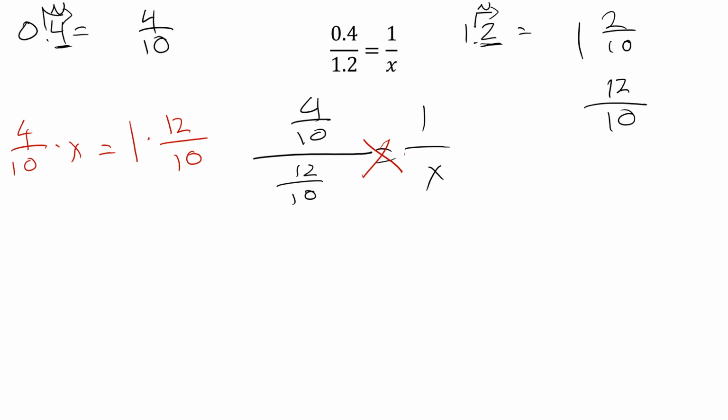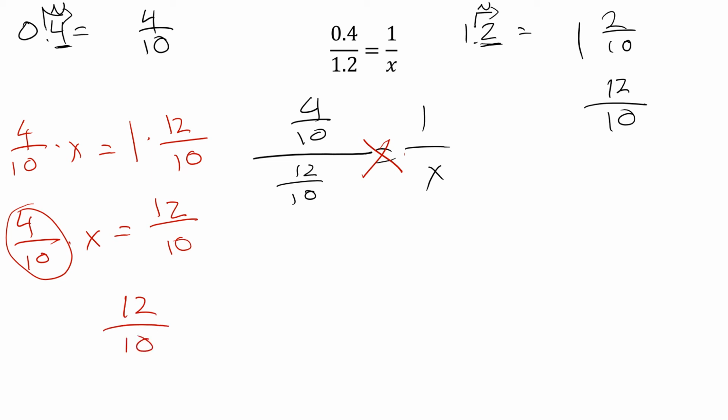And then 1 times 12/10, any number times 1 is itself. So we'll have 4/10 times x equals 12/10. And then to solve for our problem, we will divide by the number multiplied to the variable. So 12/10 divided by 4/10.